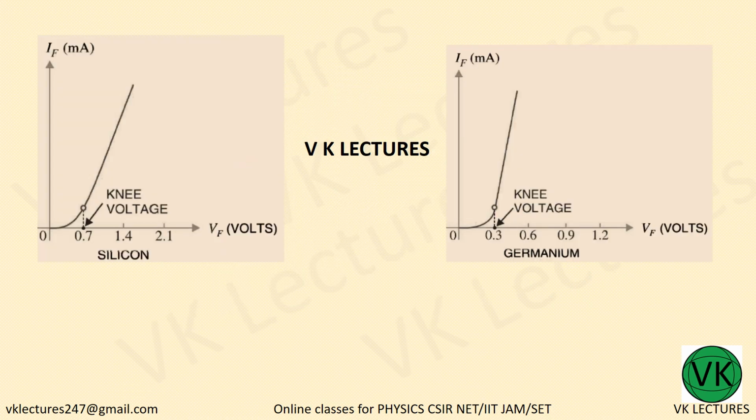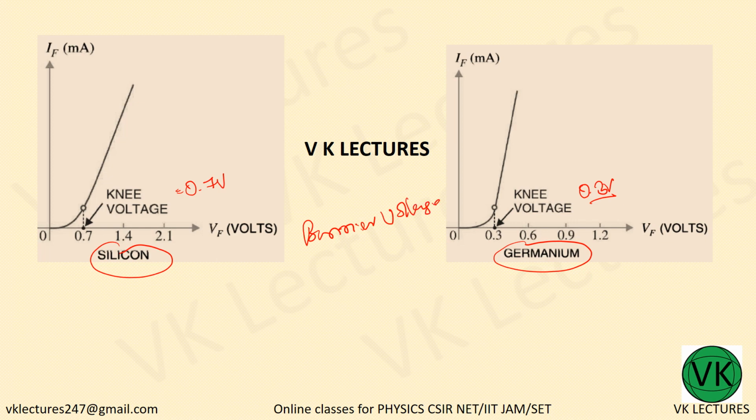For a silicon diode, your knee voltage is around 0.7 volt, and for a germanium diode, it is around 0.3 volt. It will be given in the question, don't worry. This is also called barrier voltage. It is represented by either V0 or VB. This is the minimum voltage where your diode starts conducting.